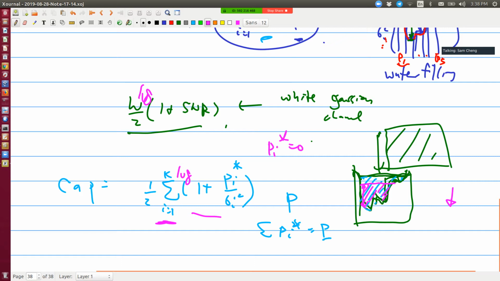The optimum capacity is that you first need to find the power allocation. Once you find the power allocation, you just substitute it into this formula, which will give you the capacity. And the power allocation is simply this water filling phenomenon.